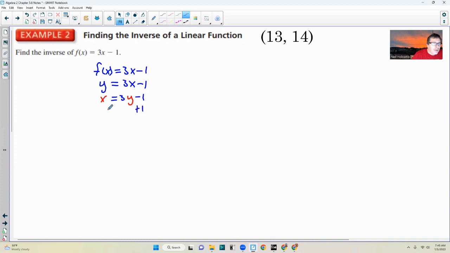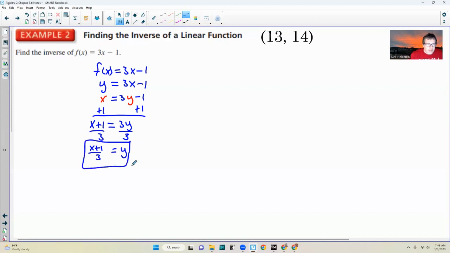Now I'm going to solve for y by adding 1 to both sides, and I get x plus 1 equals 3y. Now to get rid of that 3, I divide by 3, and I get y equals x plus 1 divided by 3. So this is the inverse function of this.